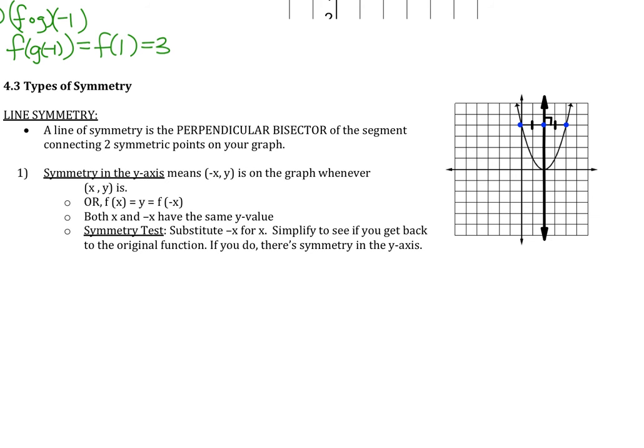That would be something like if we had a function y equals x squared. If I plug in a negative x into that and simplify it, it gives me back y equals x squared. Since it simplifies to the same exact thing, it would have symmetry in the y-axis.